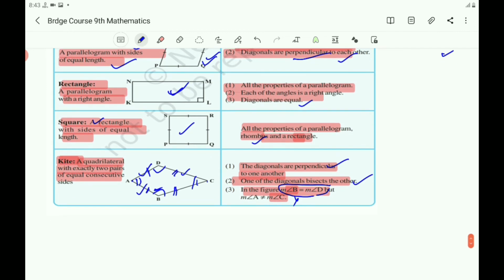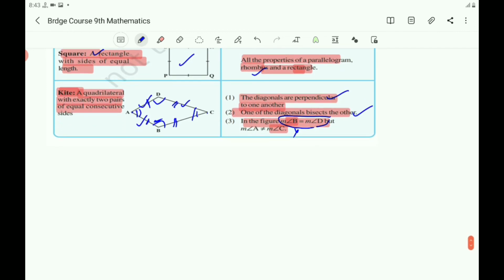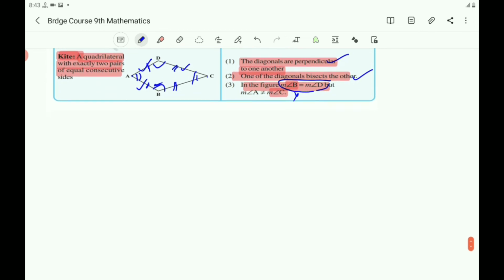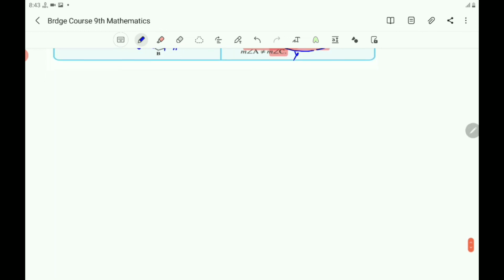So children, here is one more thing you must observe, the angle sum property of the quadrilateral. Children, you know the angle sum property of the triangle. What is the sum of the three angles of a triangle?